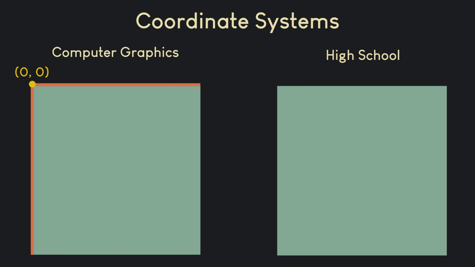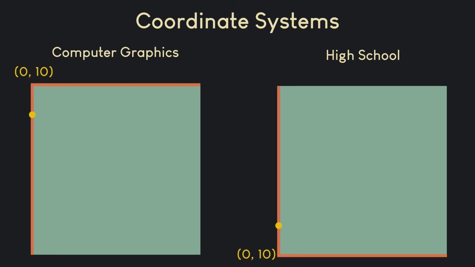In contrast, the standard Cartesian coordinate system starts from the bottom left corner, with 0, 0 being the origin. In this system, the x-coordinate increases as we move to the right, and the y-coordinate increases as we move up. However, in the top left corner coordinate system used in computer graphics, the x-coordinate increases as we move to the right, and the y-coordinate increases as we move down.